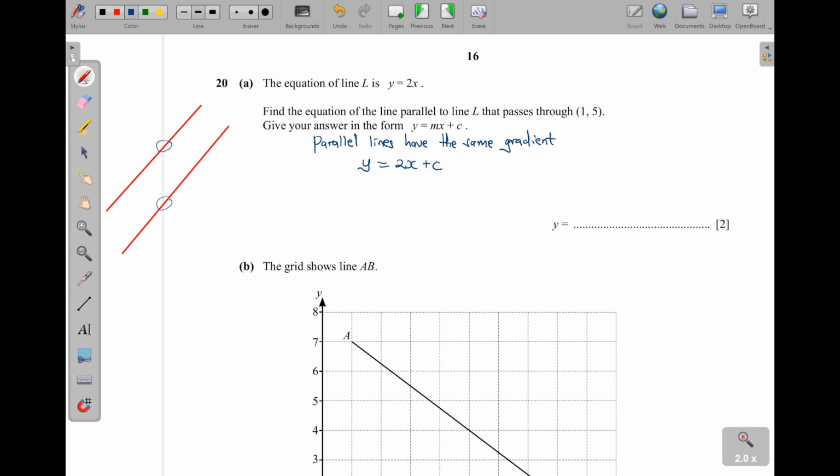So we are supposed to find the y-intercept. And now we are going to use this point here. This line passes through (1, 5), so our y is 5, then x is 1. So 2 times 1, that is 2. Then bring the 2 this side, 5 minus 2. That will be the value of c, which is 3. So that means the equation of that line is going to be y is equal to 2x, then plus 3.